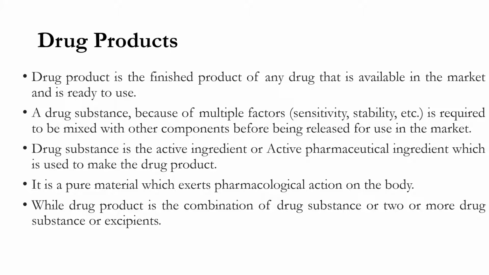The drug substance has multiple factors and is mixed with some components, because the drug should reach the end user in its original form despite transportation and storage. The API, the active pharmaceutical ingredient, is contained in some type of excipient, and these are sensitive.